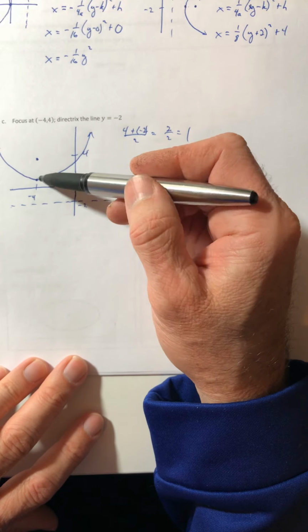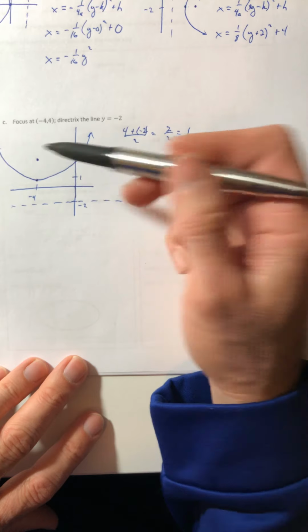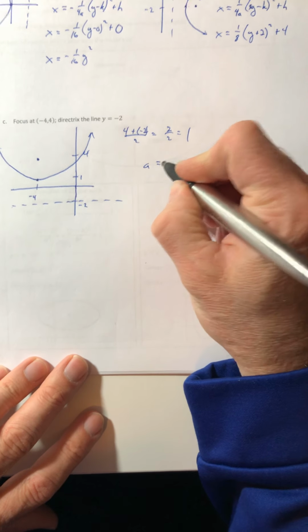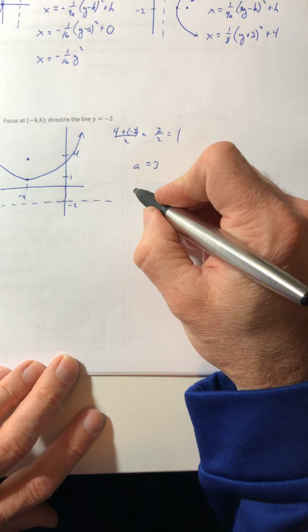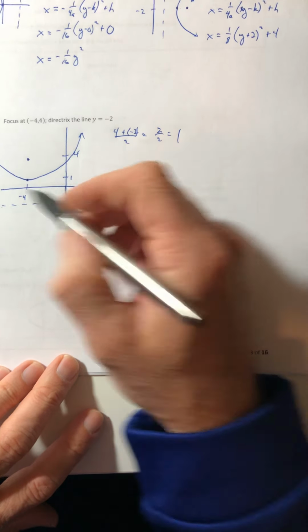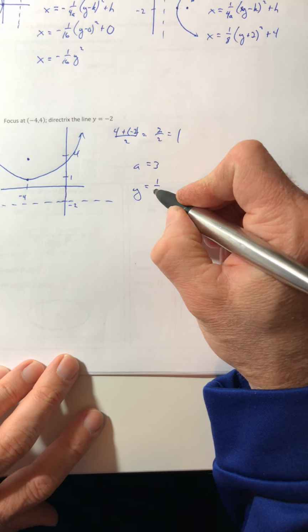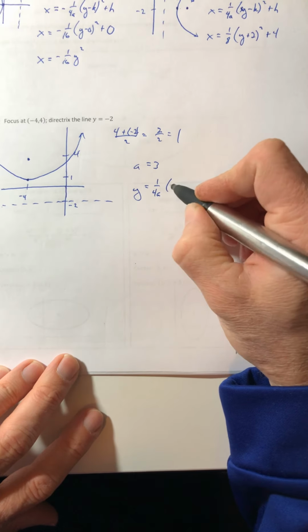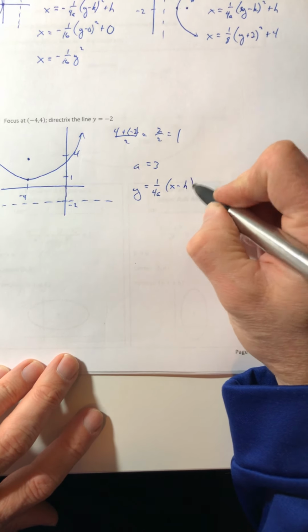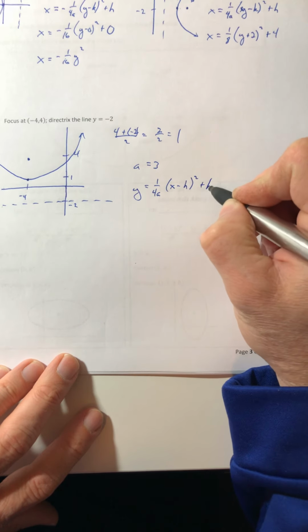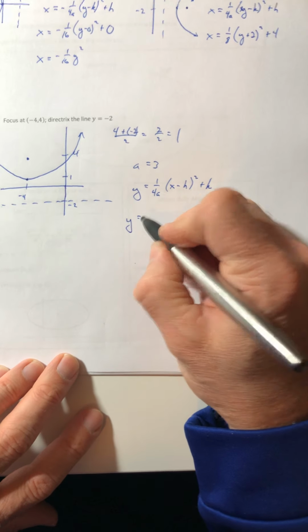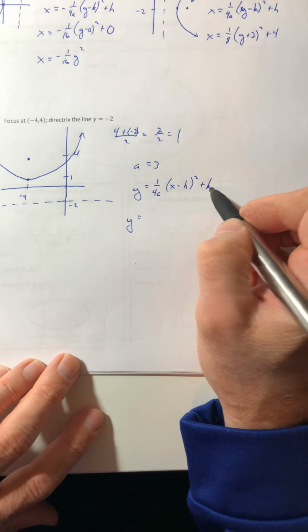All right, so the distance from the vertex to the focus is 3, so that's your a. It's opening up, so I know it's y equals a positive 1 over 4a times (x minus h) quantity squared plus k. So plug in the a, plug in the h, plug in the k.